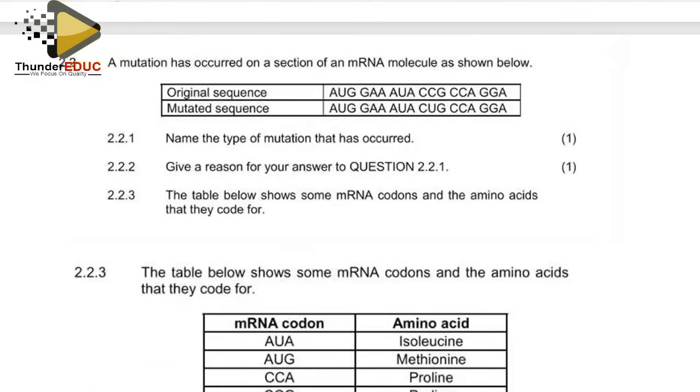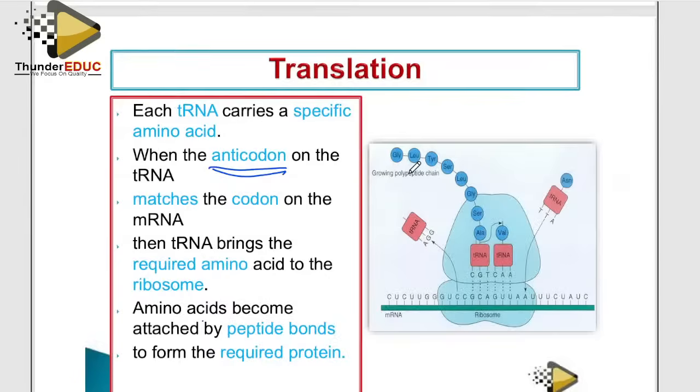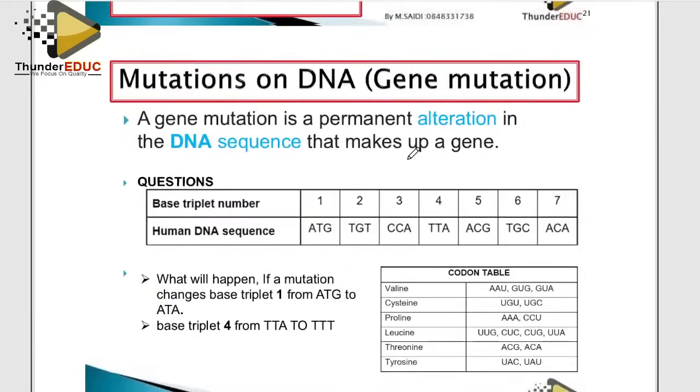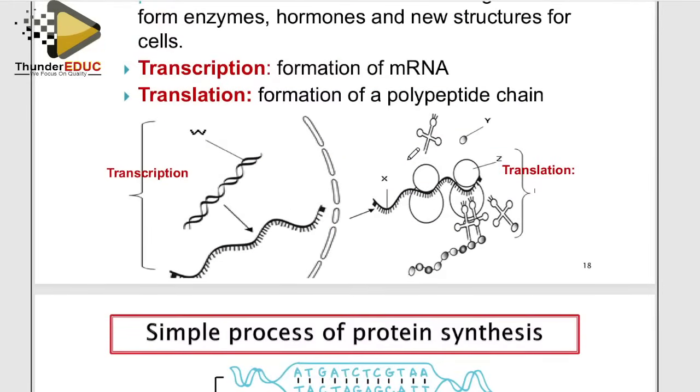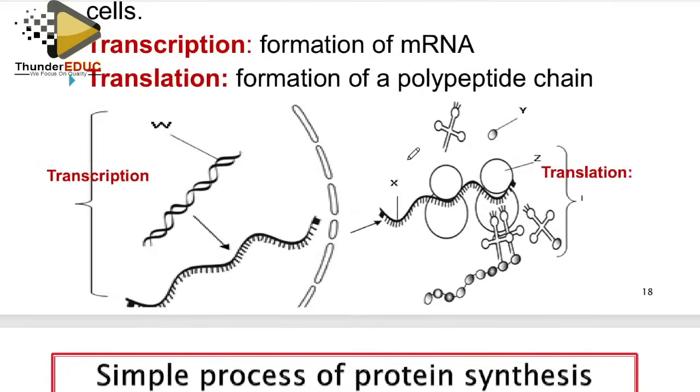Before we go to the mutation, let's do a small recap together, me and you. Remind me now, what is W? W means DNA molecule. What is X? X means messenger RNA.